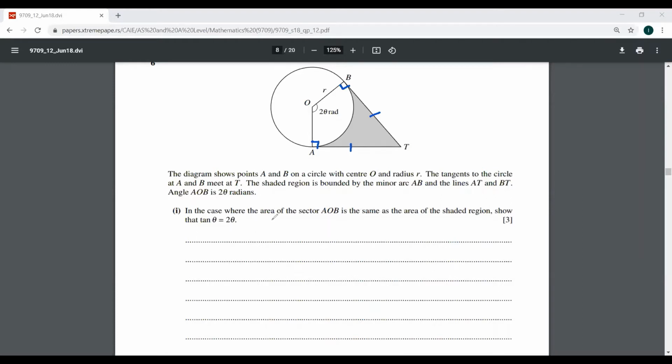Okay, so area of the sector formula, we have area is equal to half r square theta, or this is half rs, and the shaded area would be the area of the whole quadrilateral minus this.